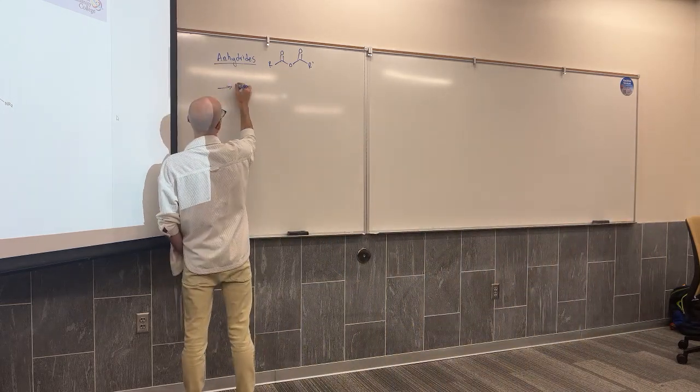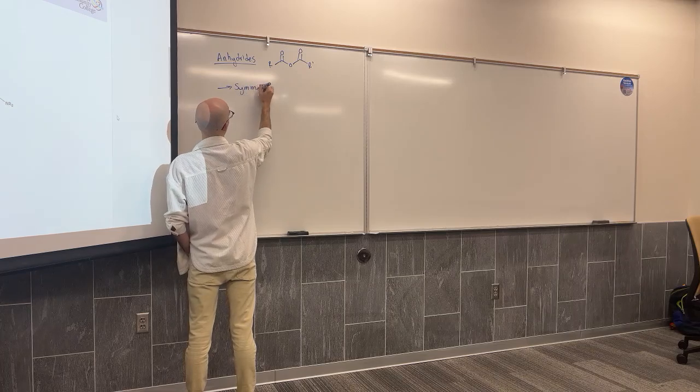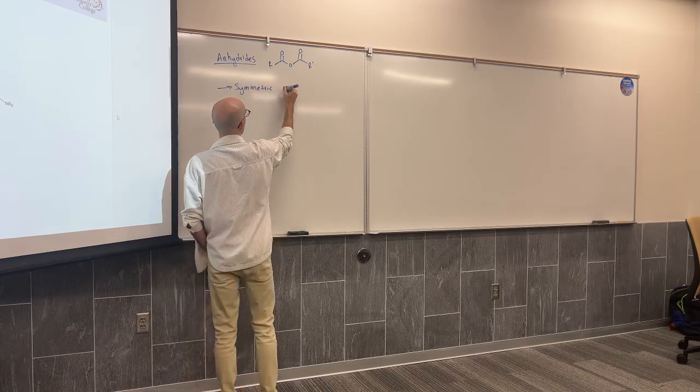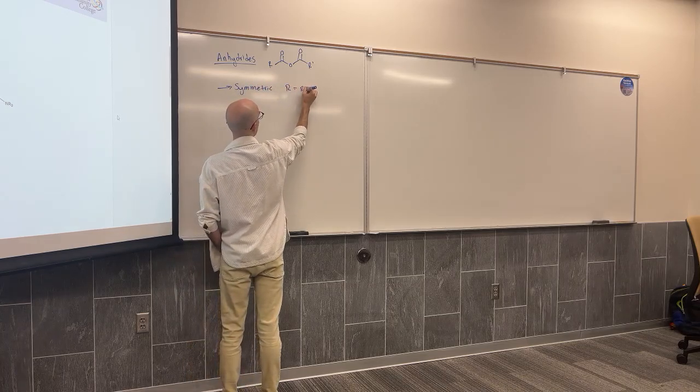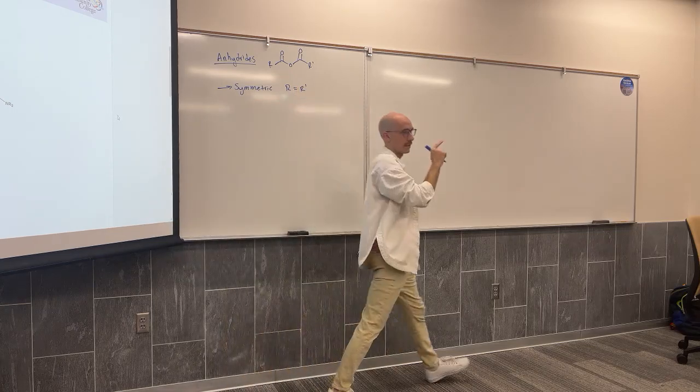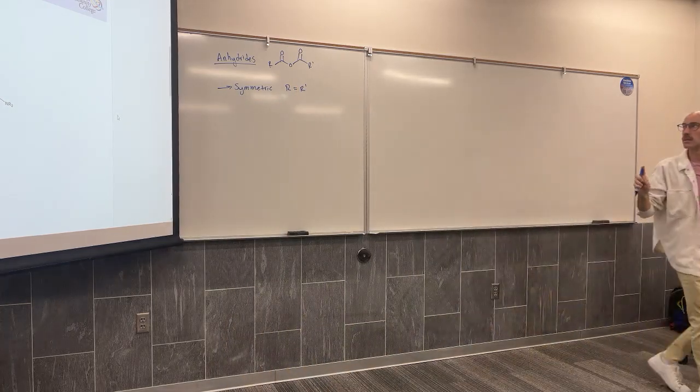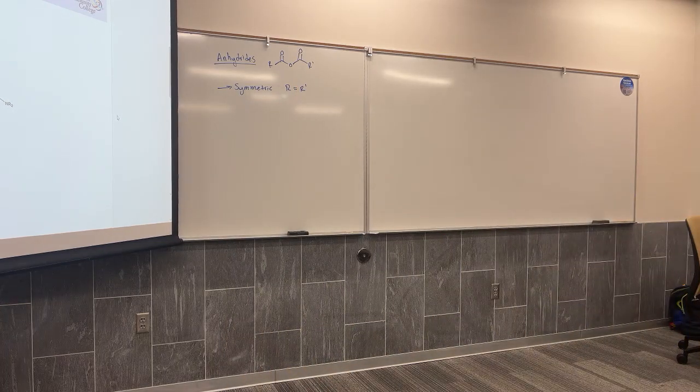So a symmetric anhydride is when R equals R prime. So in these examples, if the carbon group on the left-hand carbonyl is identical to the carbon group on the right-hand carbonyl, that's a symmetric anhydride.